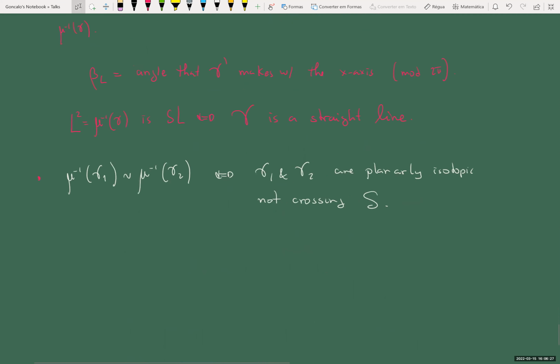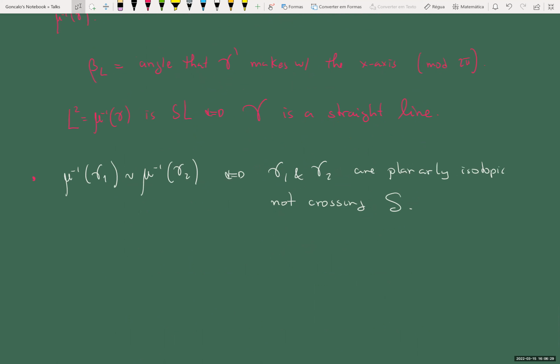So for example, it could be that the plane where they lie doesn't contain any point in S. It could happen.